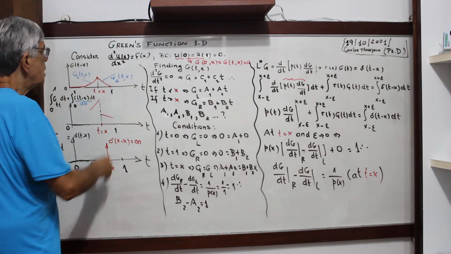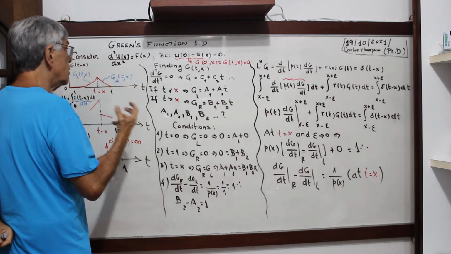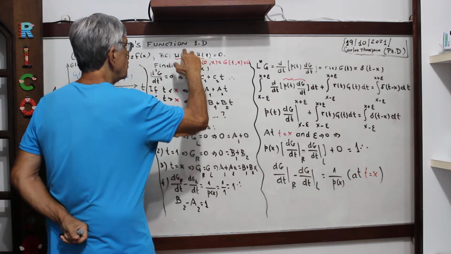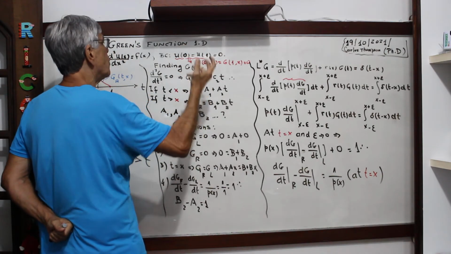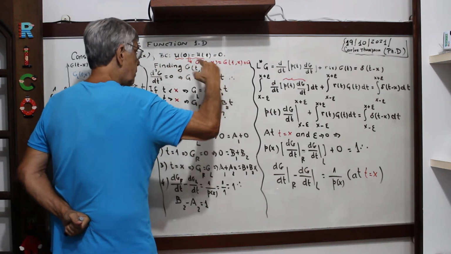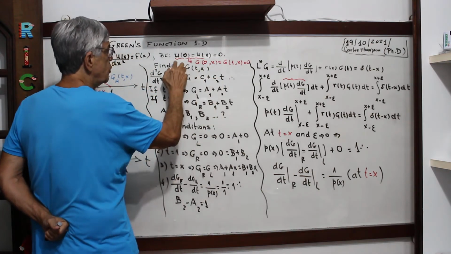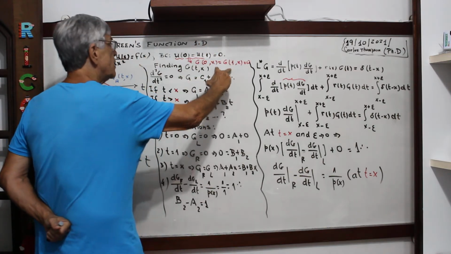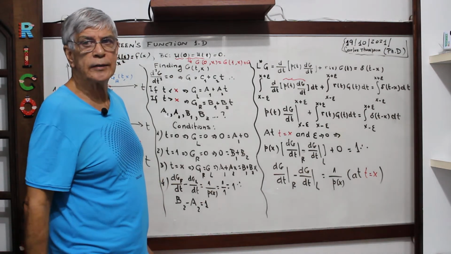Now, for the self-adjoint L, if the boundary condition on G, the boundary conditions are the same as the boundary conditions of U. U of 0 and U of 1, this is given. So this is a consequence such that I will impose the self-adjoint, okay?